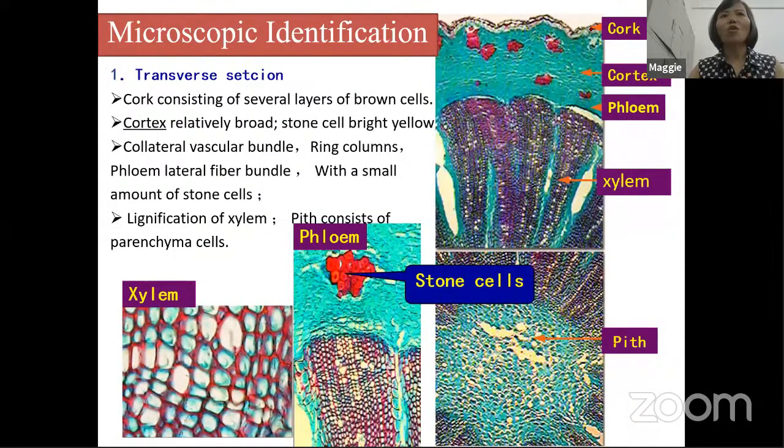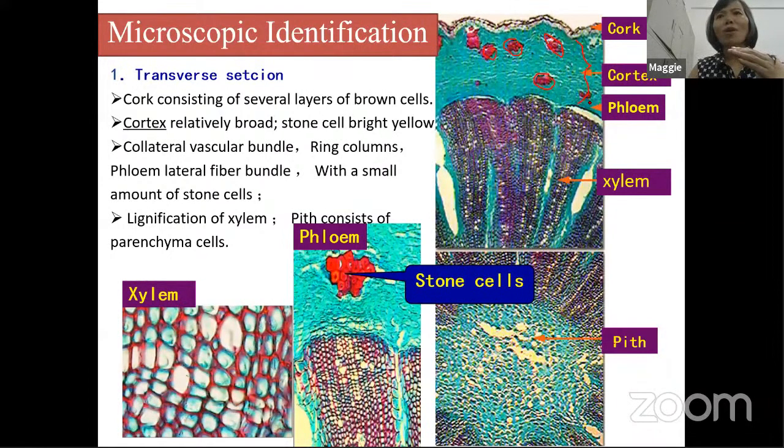Cork consisting of several layers of brown cells. And the cortex, this green part is cortex. Cortex is relatively broad. Stone cell, bright yellow, this is red. So this red part are a group of stone cells distributed in cortex.